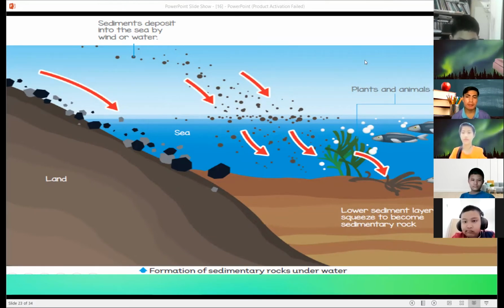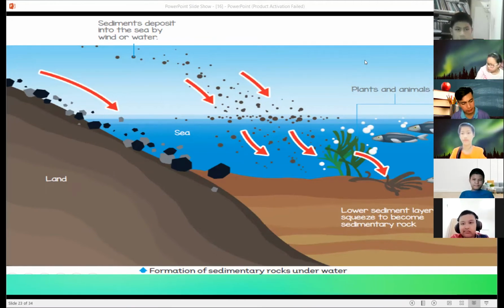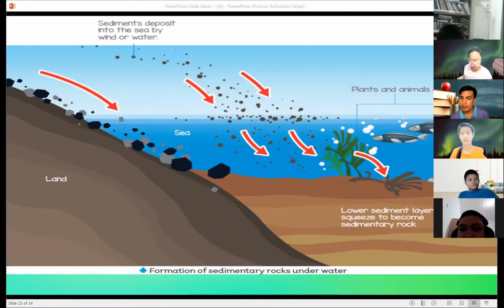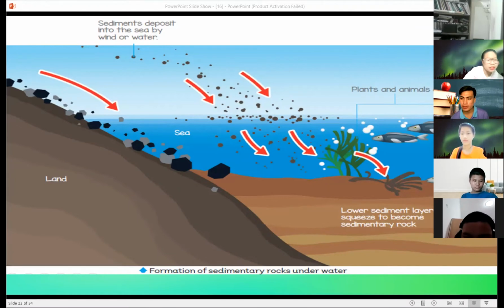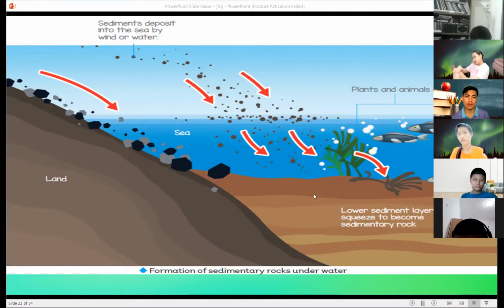What are the examples of sedimentary rock? I don't know. Okay, so let's give it to Jirayu. Jirayu, can you tell me what are examples of sedimentary rocks? Shale. Shale, limestone, sandstone. Very good, thank you.